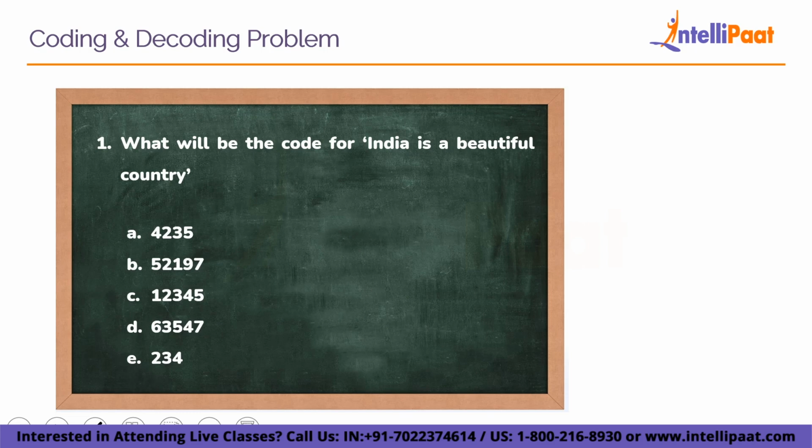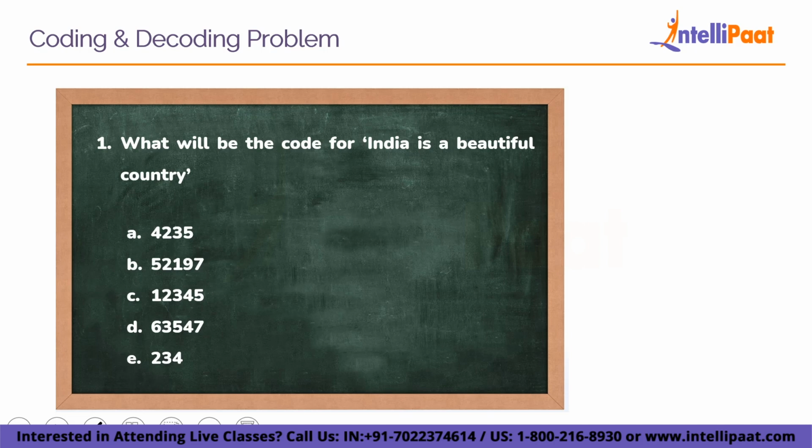Now let's see what the question is. Our first question is, what will be the code for "India is a beautiful country"? Using the same pattern, we have to find how it is coded. Simply see how many words are present in this sentence.